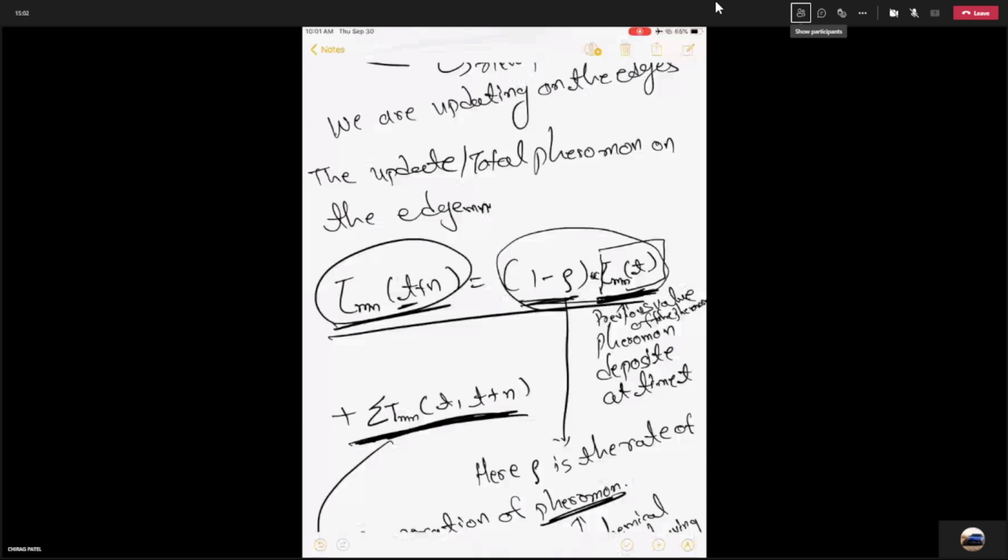The basic principle of ant colony is that when the maximum number of ants follow the same route, there is sufficient chemical on that route, and because of that trail we can easily go back and forth on that route to the food source. But if the chemical evaporates, nobody will know there is a food source on that route. So please understand, once you deposit, you need to update also.